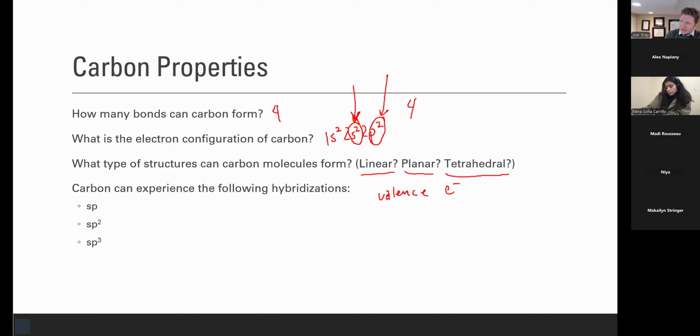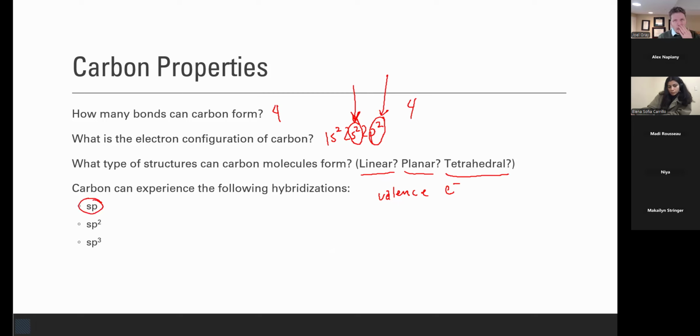Well, this is almost as interesting, where we have an S subshell and a P subshell that merge and make what's known as a hybrid orbital or a hybrid subshell. Now there are other hybridizations.